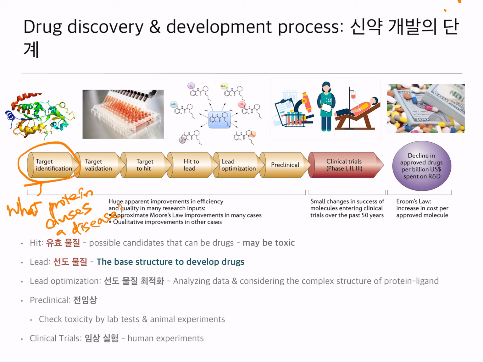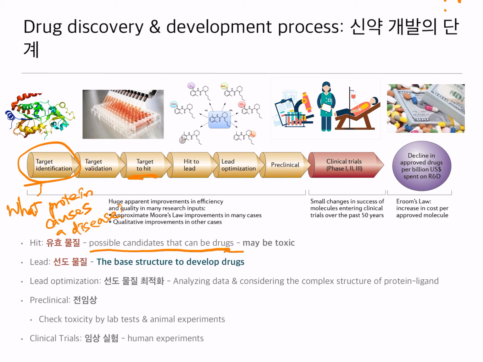After that, we should do target validation, to validate whether this is really our target or not. And after that, we should find the hit molecule. A hit molecule means small but possible candidates that can be drugs.